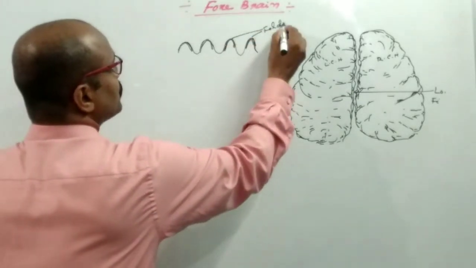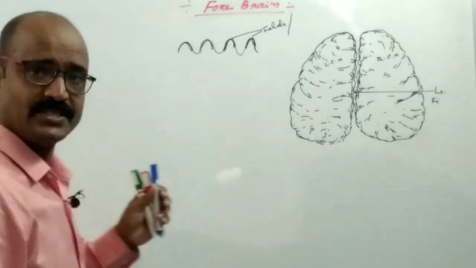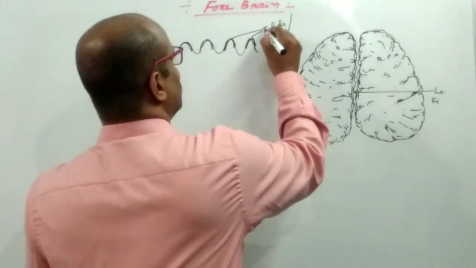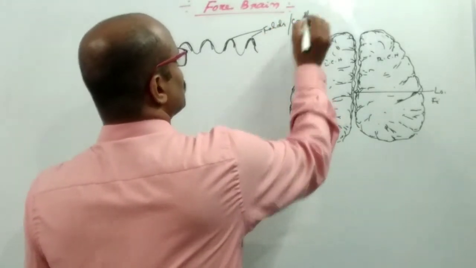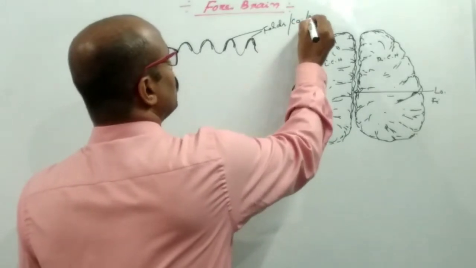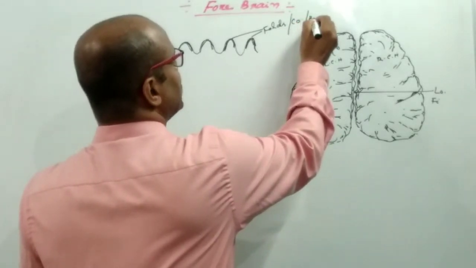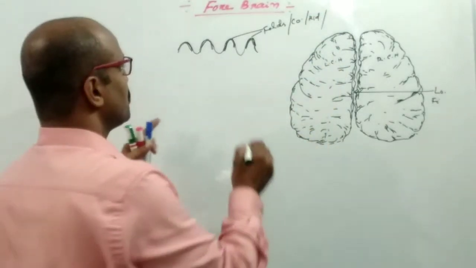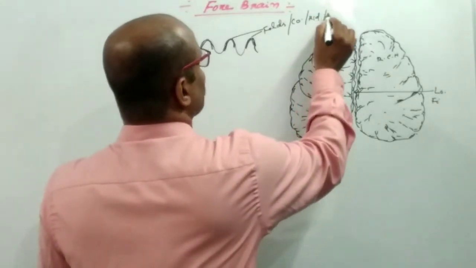These folds are known as convolutions, also known as ridges, also known as gyri.